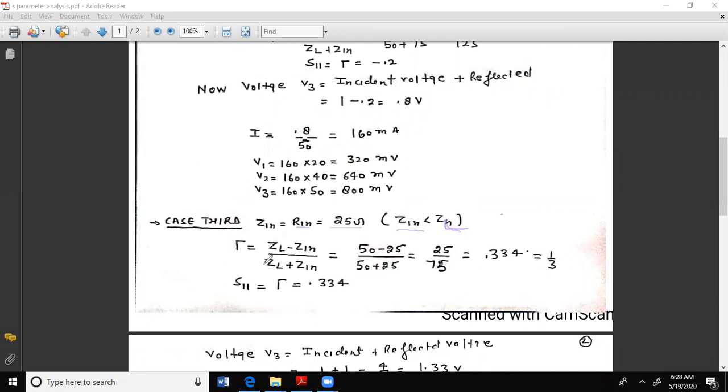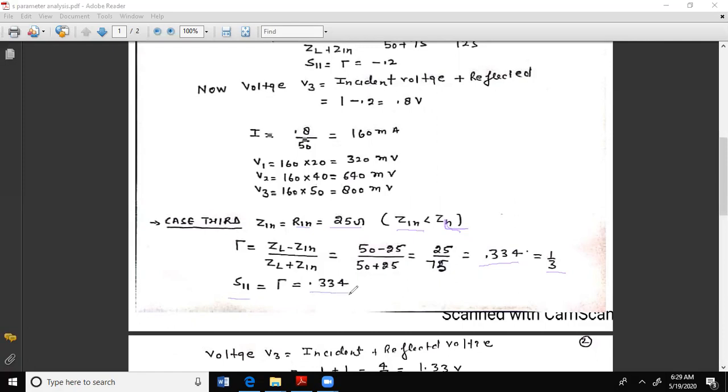If we calculate the reflection coefficient, ZL minus Zin upon ZL plus Zin, this becomes 0.334 or 1 by 3. So the scattering parameter S11 is equivalent to the reflection coefficient, 0.334.